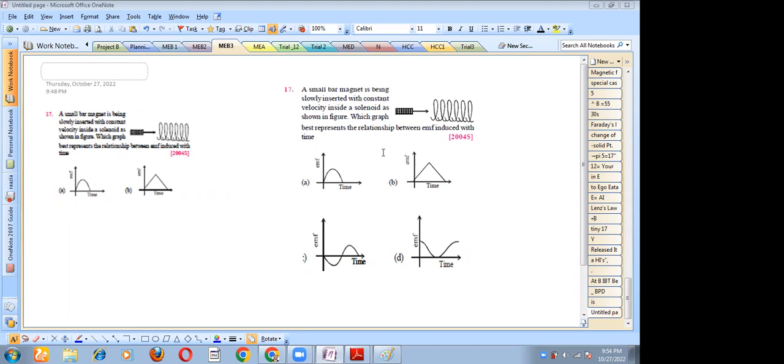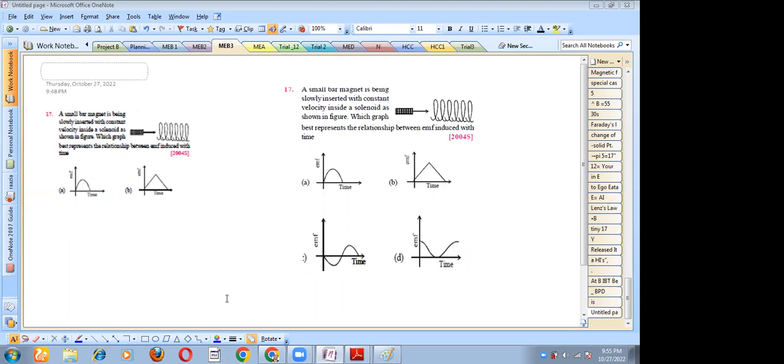So current is produced due to change in magnetic flux at the end of the coil. So I think EMF also will be produced at that time. The same thing, like current is induced. Basically, it can be done by Faraday's law. So see, it is the same as the previous question we discussed on the deflection of the galvanometer.